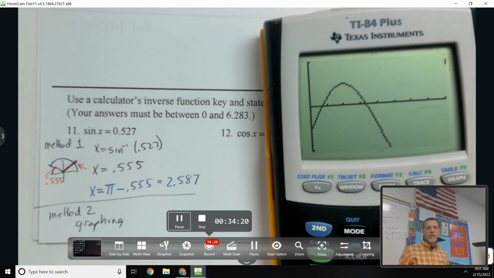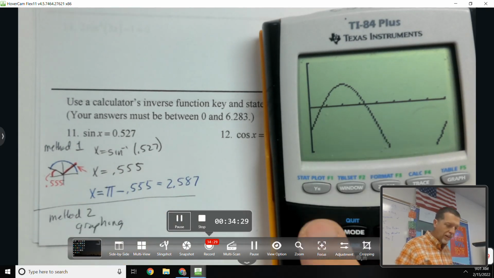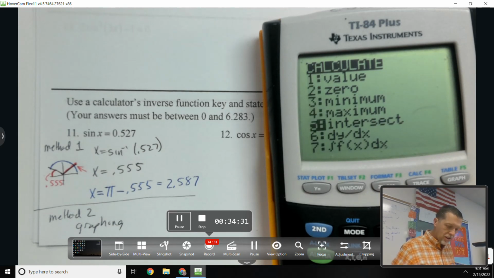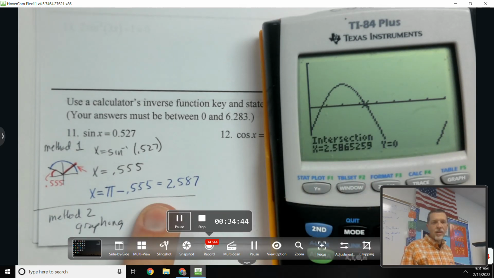And this better give me those same 2 answers that I just found. I'm concerned about that second one. So second calc, intersection, first curve, second curve. If I get the second one right, I'll feel confident. 2.587. So I feel good about my answer.